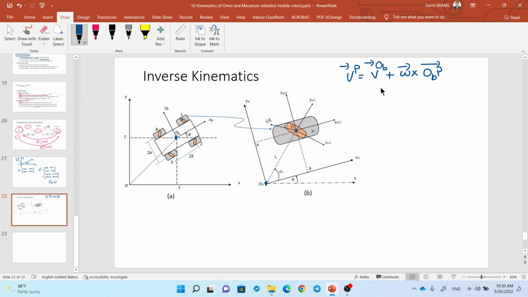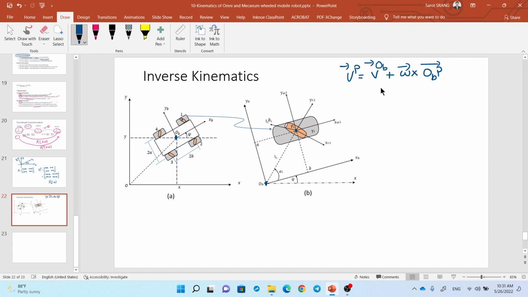Here is the information of velocity of point P with respect to the global frame. But what I can know is that the wheel can have velocity from the motor, and the information can be found on the roller frame, using the angular velocity of the actuator of the motor.